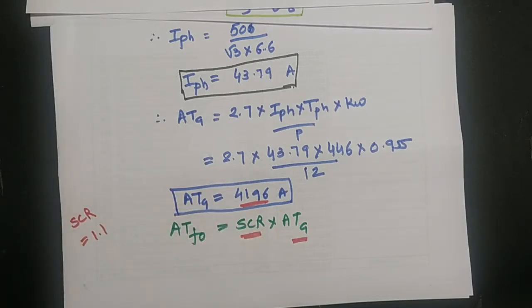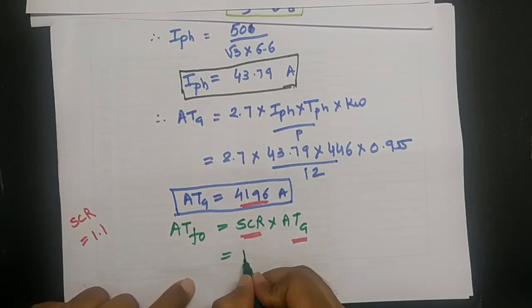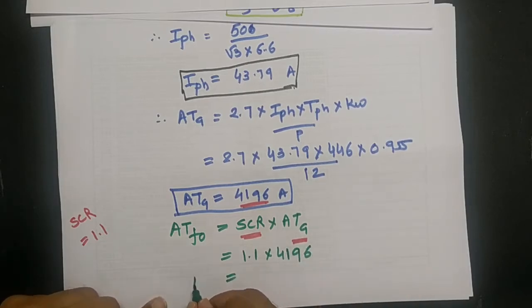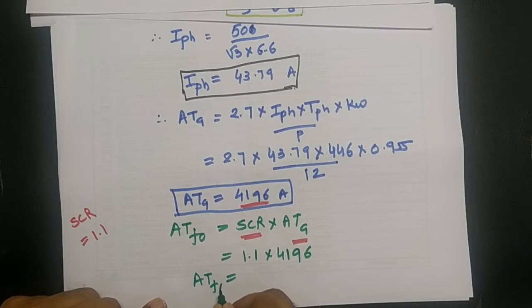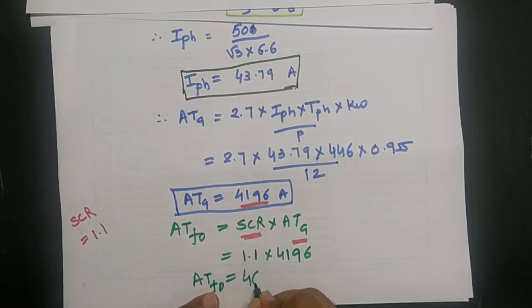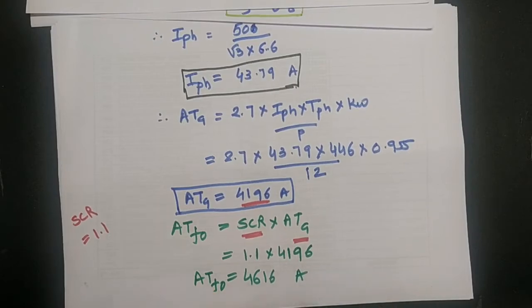So after assuming SCR as 1.1 multiplied by 4196, so AT F, that is ampere turns for the field at no load, comes to 4196 multiplied by 1.1, then it comes to 4616 ampere.